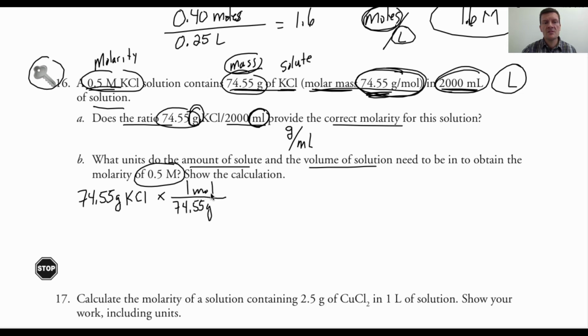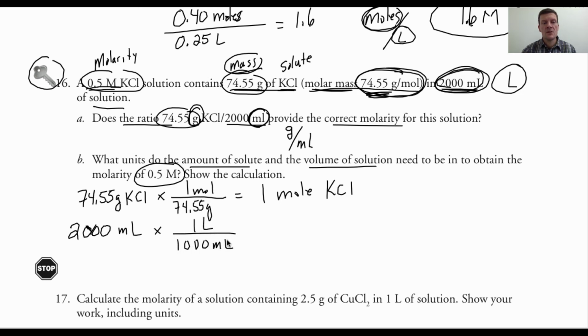That's the molar mass ratio right there, 1 mole per 74.55 grams. So we've got 1 mole of potassium chloride in 2,000 milliliters. Well, there are 1,000 milliliters per liter, so I'm going to divide by 1,000. 2,000 milliliters is 2 liters.